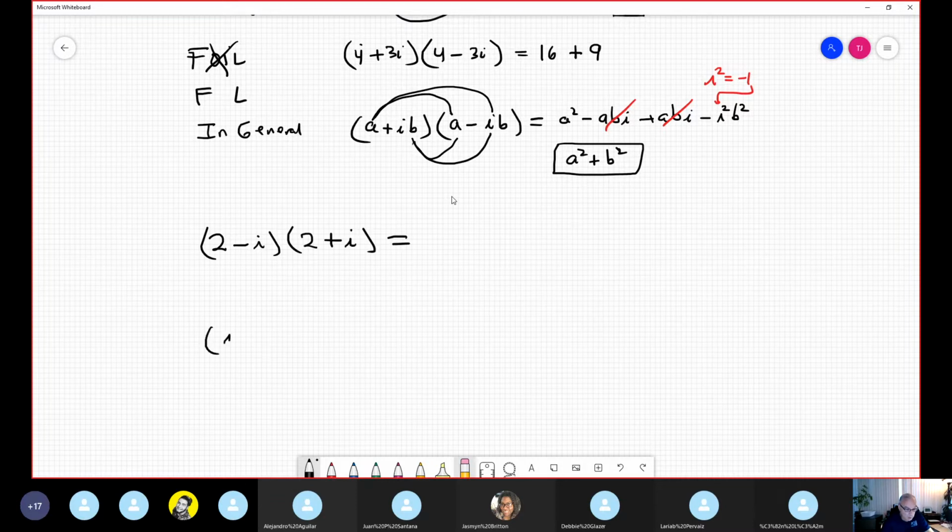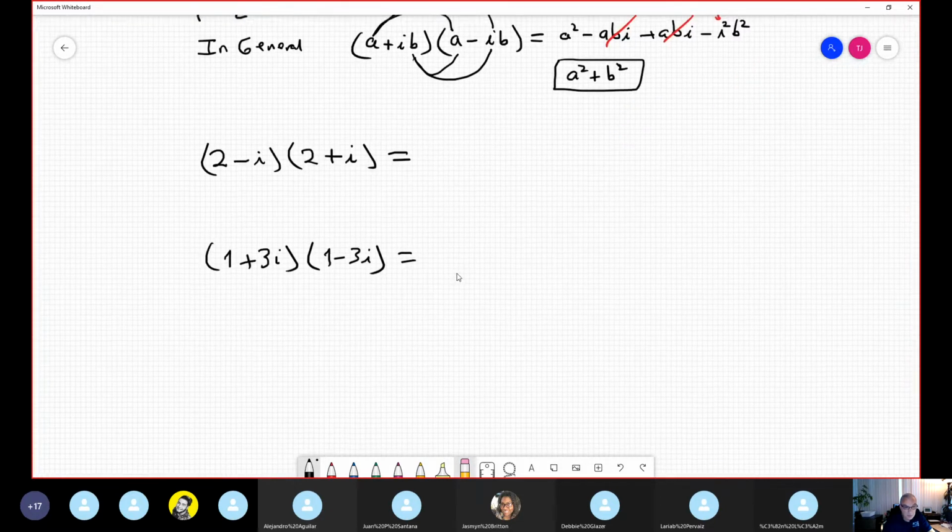Suppose you multiply 1 plus 3i times 1 minus 3i. Suppose you multiply, why not, 1 plus i times 1 minus i. Okay, this is the case in which they are conjugates, right?